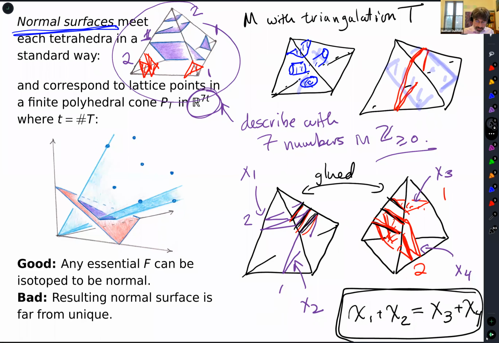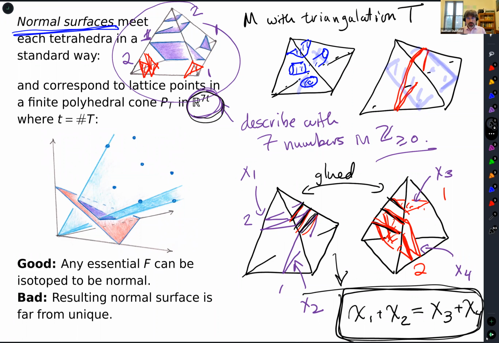So we can describe a normal surface as some lattice point in R to the 7t that records all these numbers and satisfies a bunch of equations that look like this. These are just homogeneous linear equations.